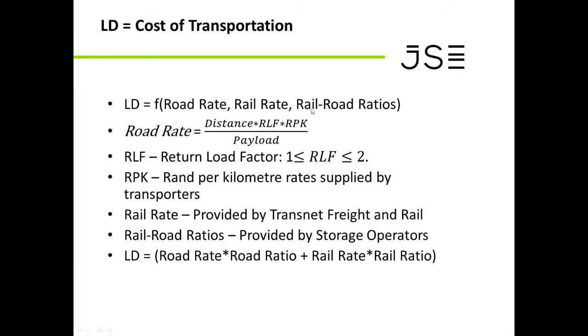Say, for example, if your rail cargo was only 20% for the season, then we take 20% contribution from the rail rate and 80% contribution from the road rate to determine our location differential. And in our model, of course, how do we determine our road rate?